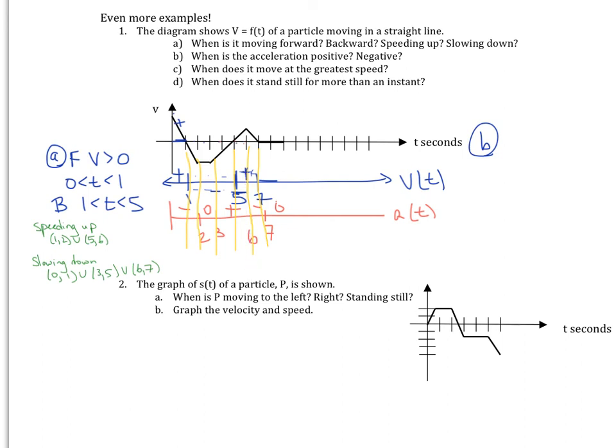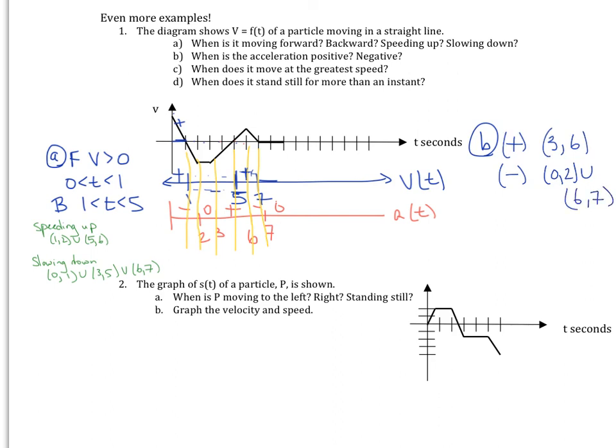So the acceleration is positive between 3 and 6. Negative acceleration is when I had a negative slope, that was between 0 and 2. And I had another one over here, which was between 6 and 7.